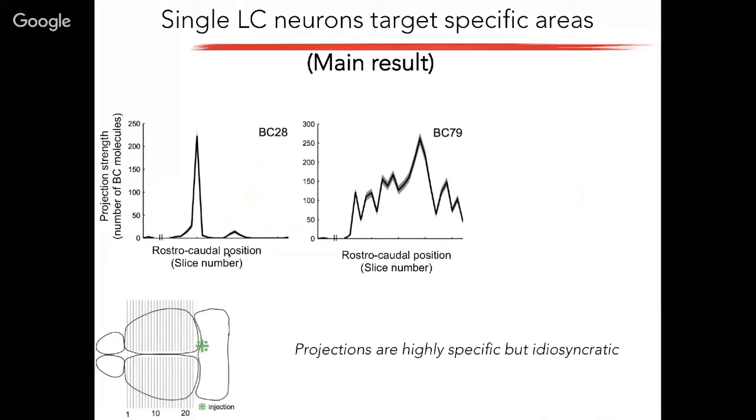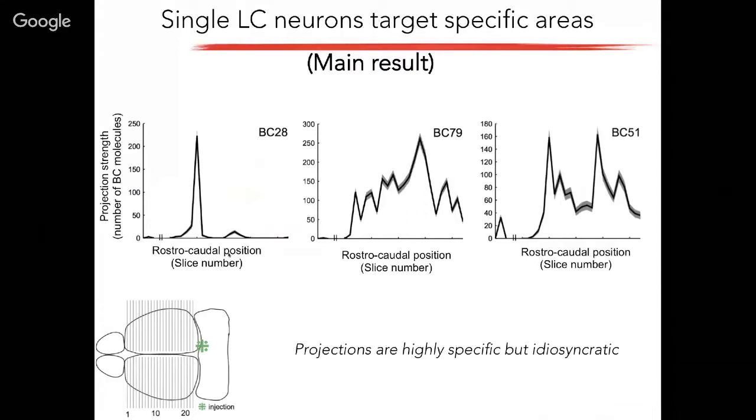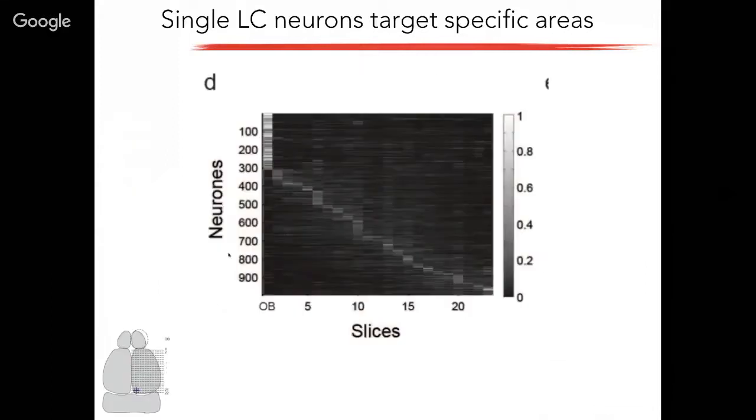Another neuron, and that's at odds with the traditional model, another neuron has a much broader one, barcode 79, and there are even more complicated ones like bimodal projections. And in all, we were able to get 1,000 single neurons and their projections from just a handful of animals in just a couple weeks.